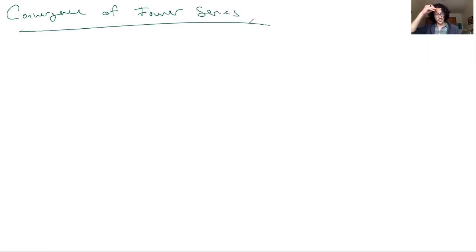Okay, welcome back. So, let me finish up our discussion on convergence of Fourier series. And in particular, last time we had talked about how Fourier series will be pointwise convergent, okay?